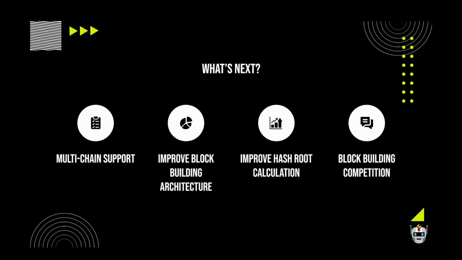So we are researching how we can make the builder modular to support these use cases. We want to improve block builder architecture, so we also want to research what is the most efficient trait architecture for the builder to support many different block building use cases.